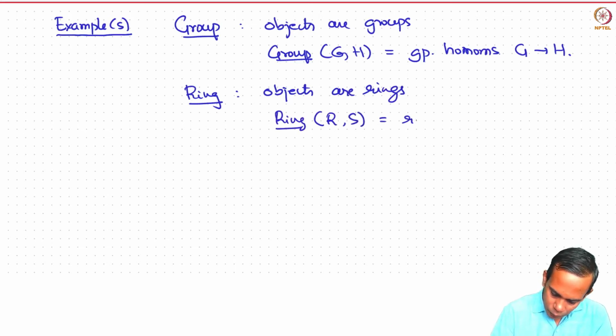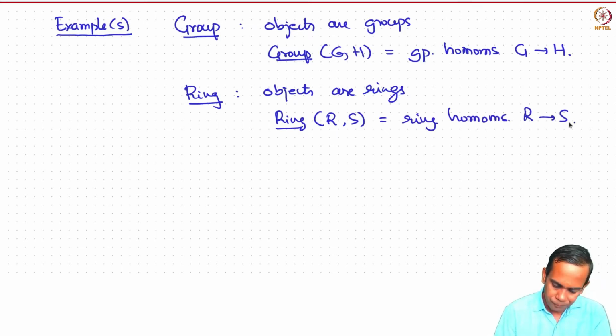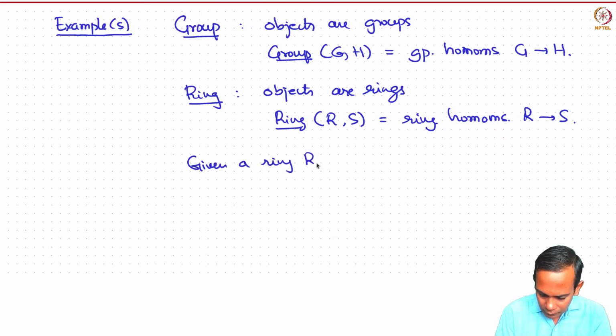RS equals ring homomorphisms from R to S. Given a ring R, we can talk about the category R mod.